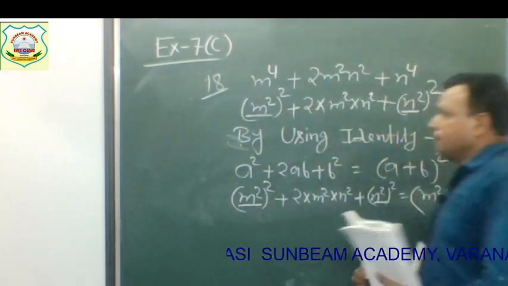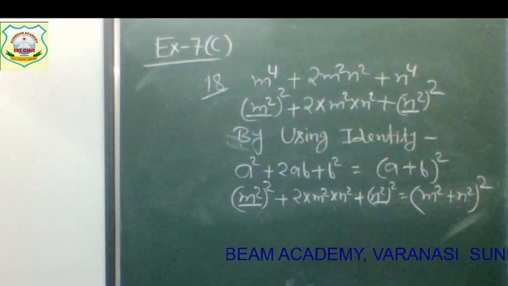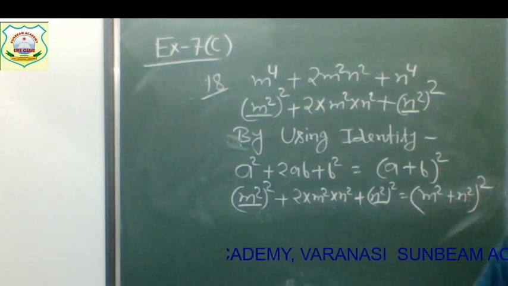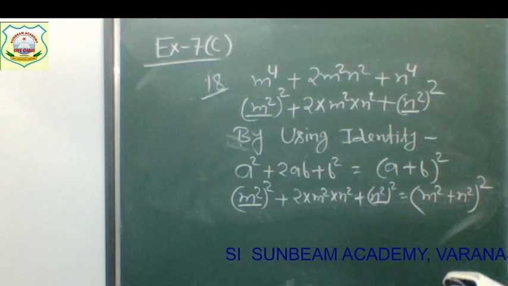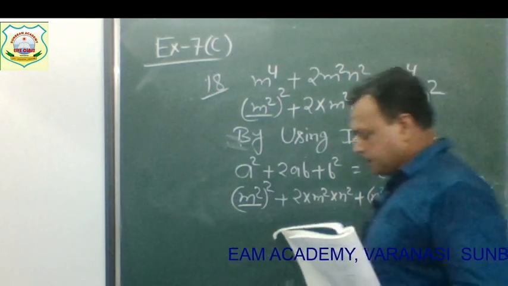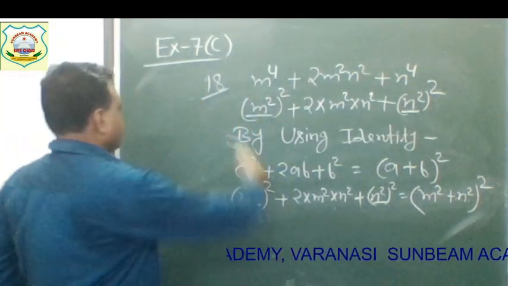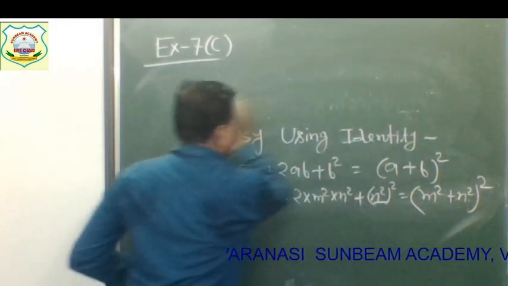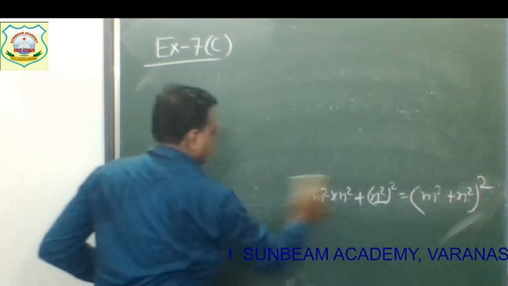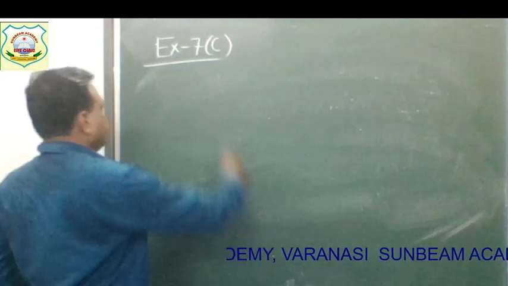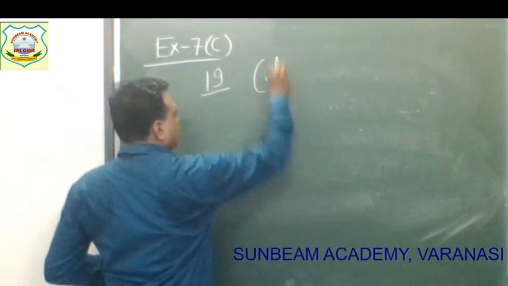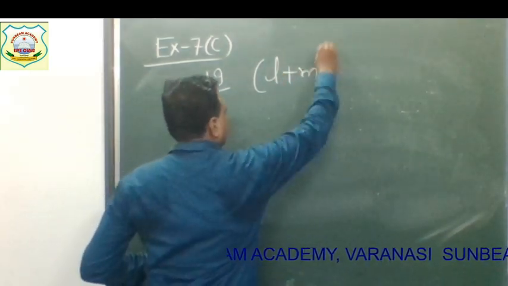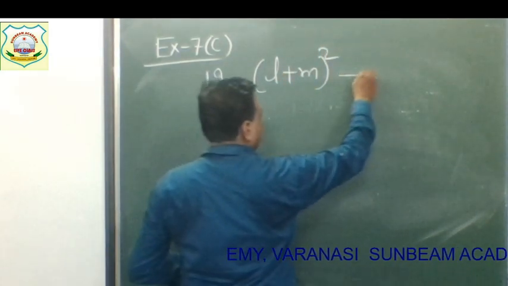The last question, question number 19, we will discuss. Question 19 is a little bit different. Students, question number 19, that is given here, (L plus m) whole square minus 4lm.